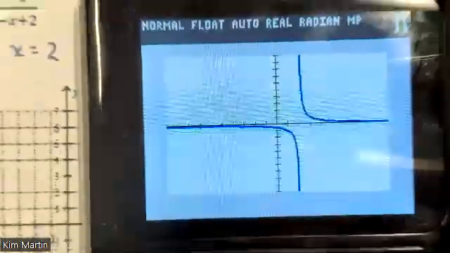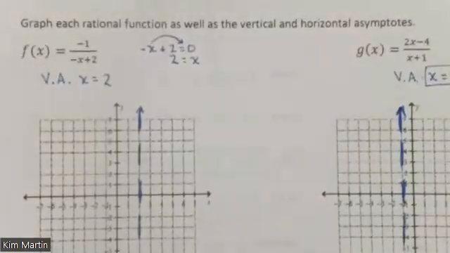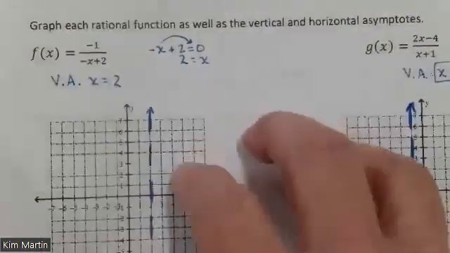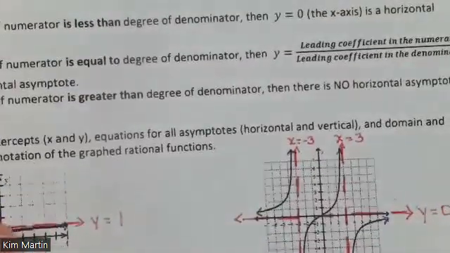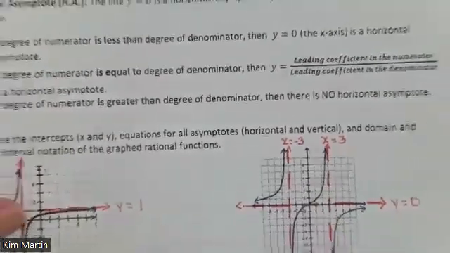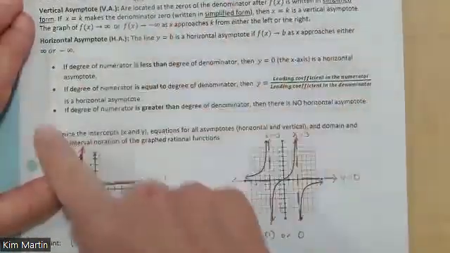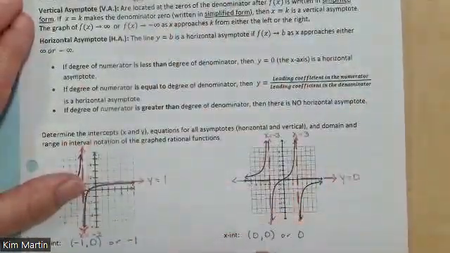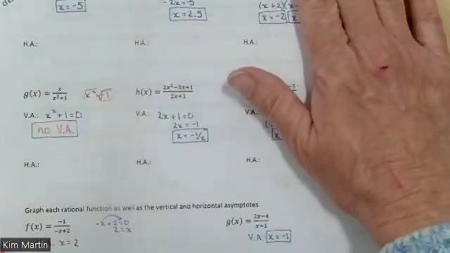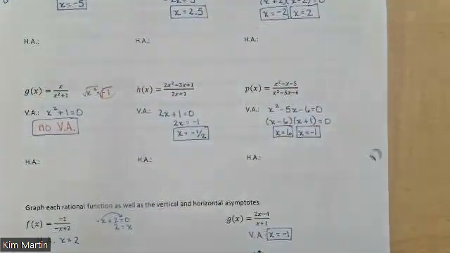Okay. Horizontal asymptotes. When I was getting ready to teach 1710, I looked at this and I went, oh God, that's so many words. I needed shortcuts to it. I know you expect the teachers to be able to just come in and teach.